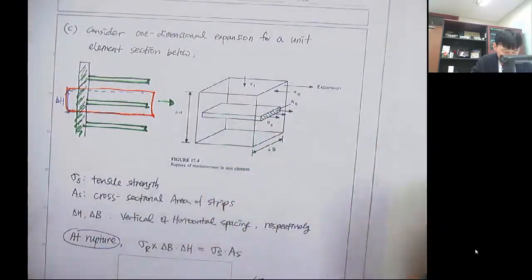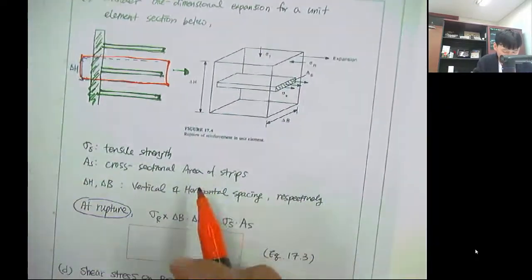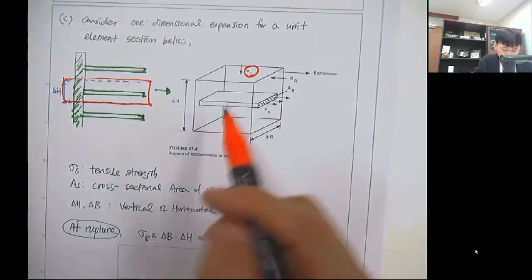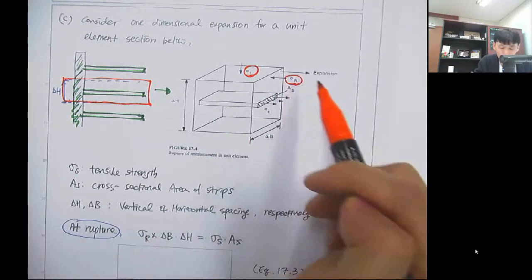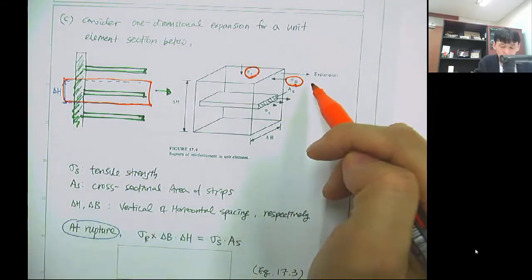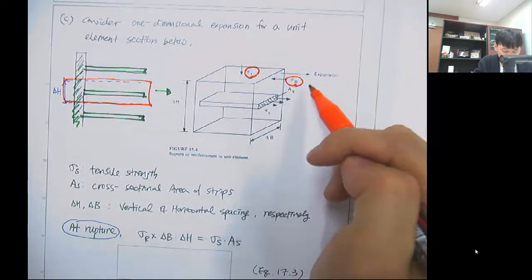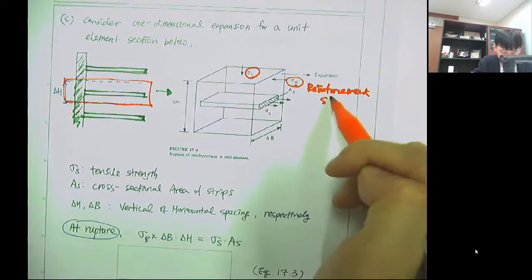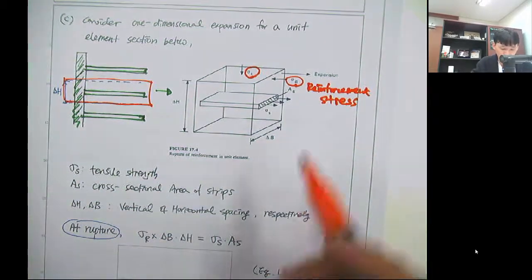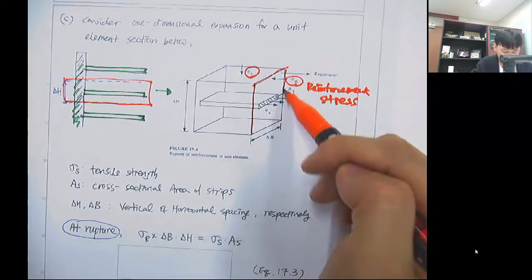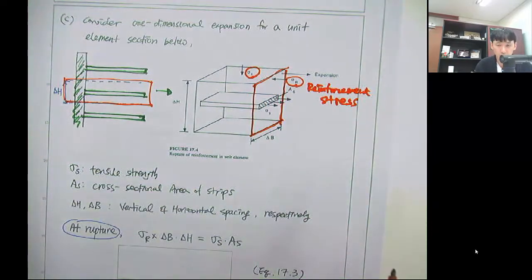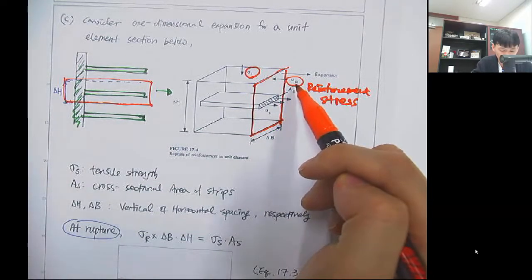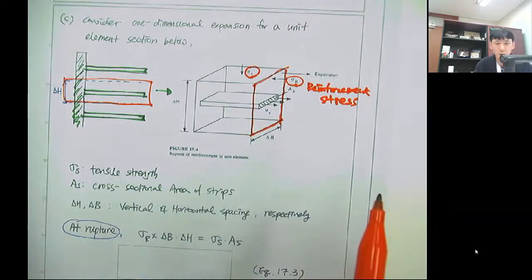So that you have a reinforced material here, and sigma 1 is the vertical effective stress, and when there's expansion, sigma r is the reinforced stress or the resisting stress. So this is the reinforcement stress acting on this area, on this plane, and against the sigma r, sigma s is resisting it.